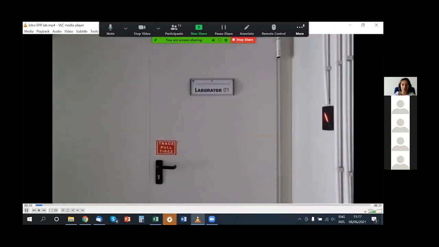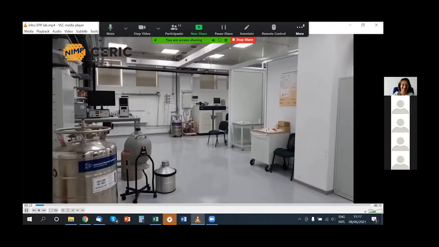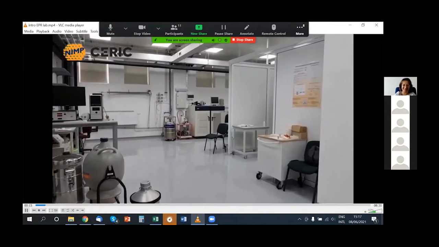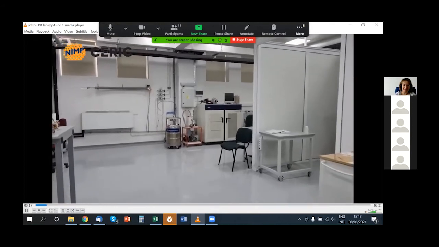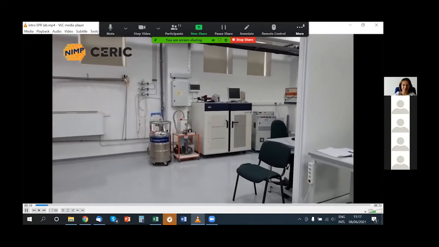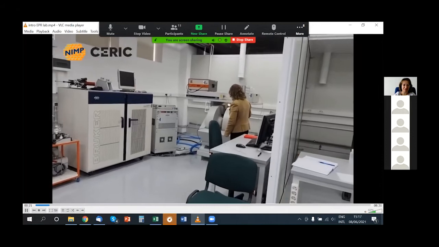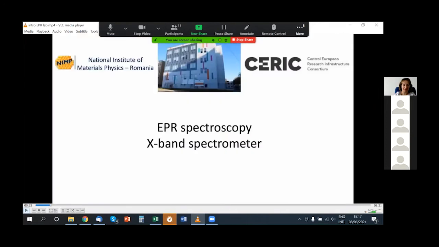So you see we are number 1. Okay, so now you see the X-band spectrometer.